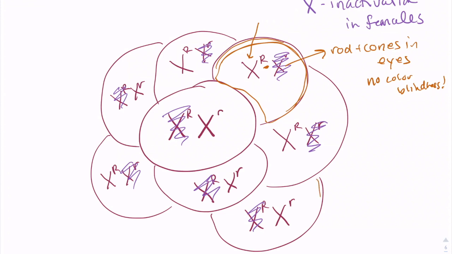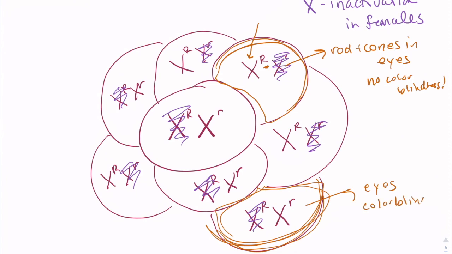But what if this cell down here were the cell that went on to develop into the rods and cones in my mother-in-law's eyes? She would have been colorblind. Or partially.